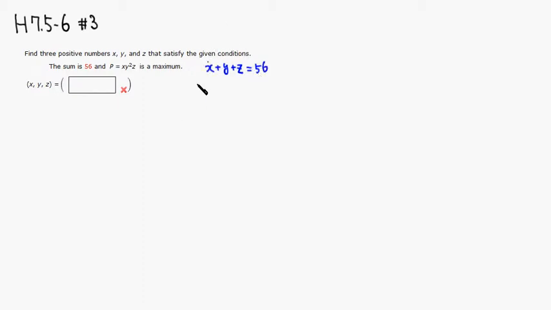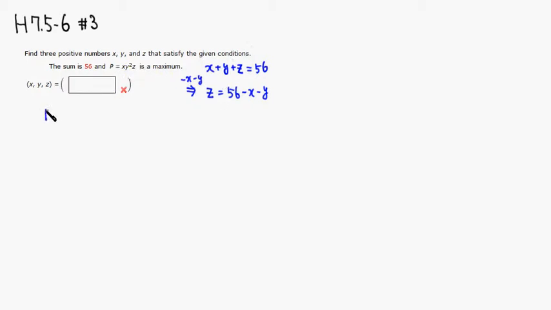I'm going to solve this for z, so subtract the x and y. So z is equal to 56 minus x minus y. Then instead of having 3 variables, this way we can just use 2 variables.